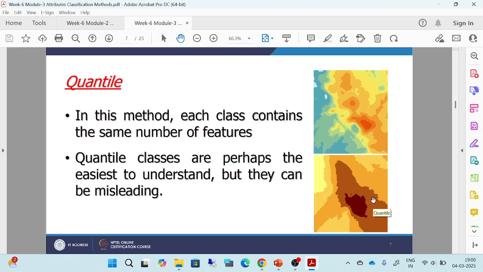What it means is each class has the same number of cells or pixels in it. If you remember in the previous image, we had 3 classes and it was based on some elevation differences. But here, this is mainly based on the fact that each class has the same number of cells or pixels in it.